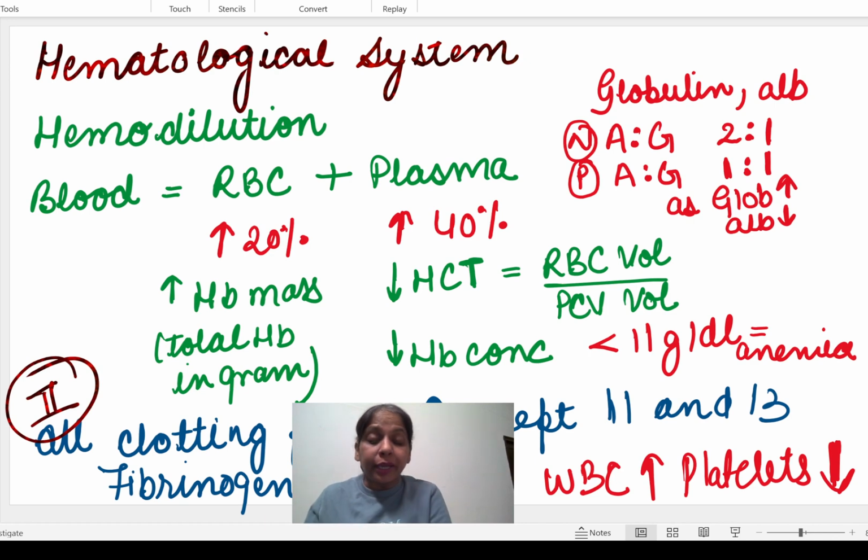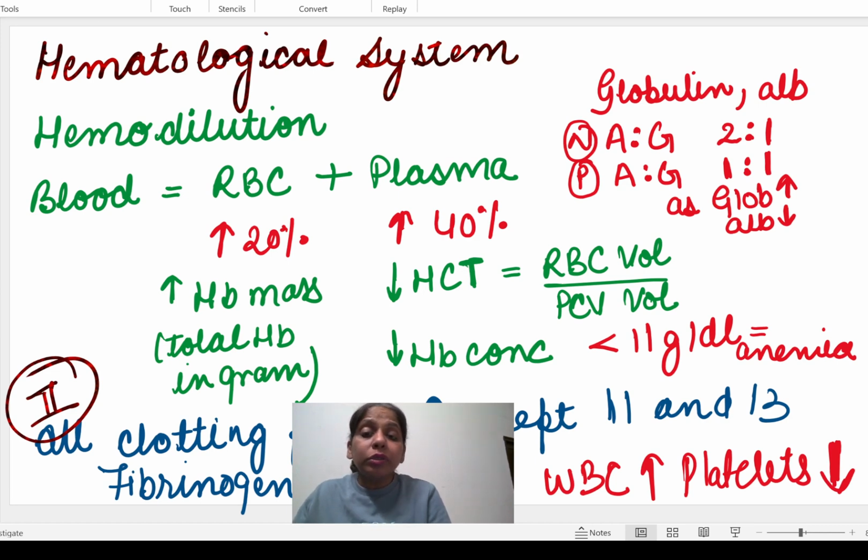Why is there blood dilution? Because the RBCs have increased less and the plasma has increased much more. Plasma increases 40% and RBCs increase only 20%. So there is hemodilution.